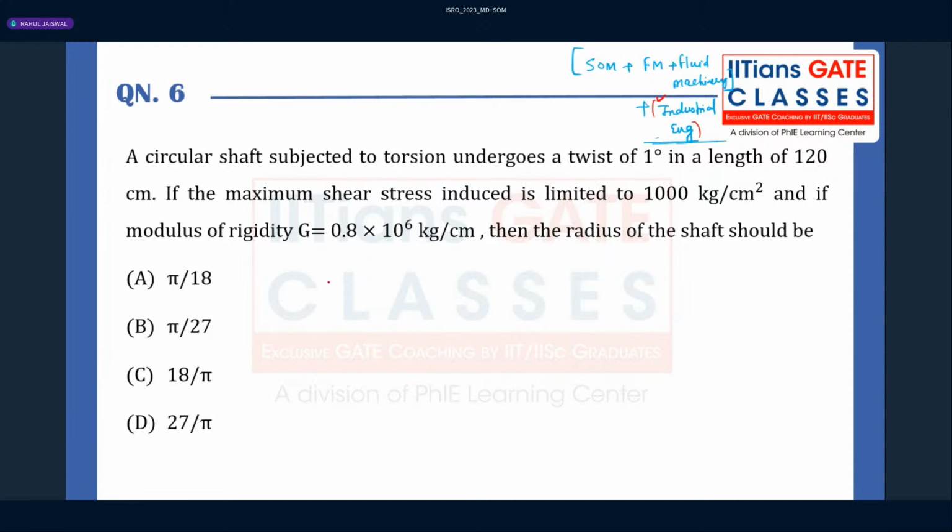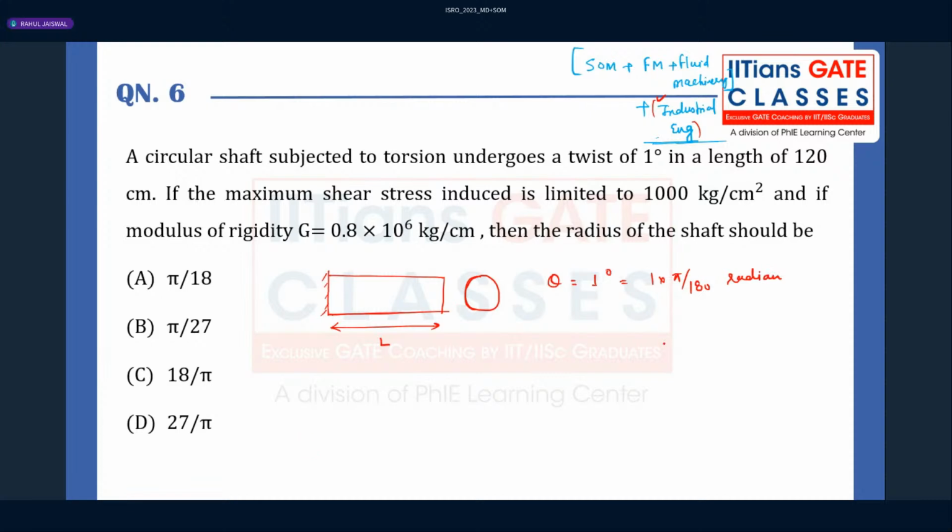A circular shaft of length L is being twisted by an angle of 1 degree. That means the angle of twist they have given is 1 degree. We can also write 1 into pi by 180, which is in radian.